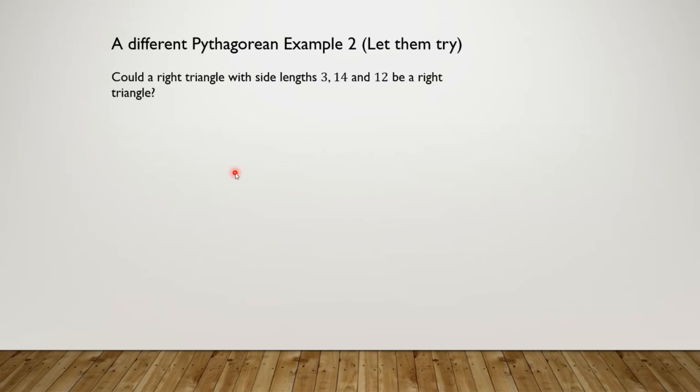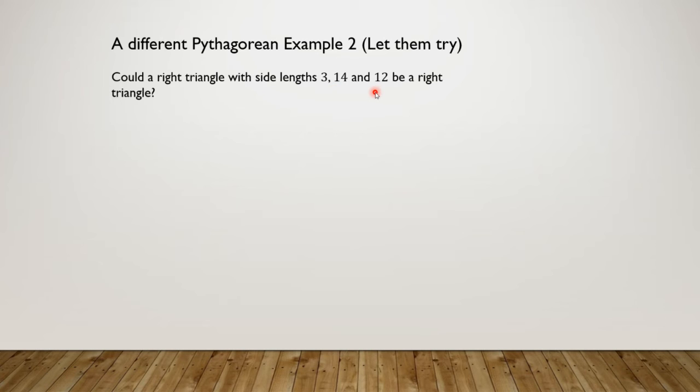Let's do a related one. This is one I was going to have everyone try, but let's do it together. Can we have a right triangle with side lengths 3, 14, and 12?